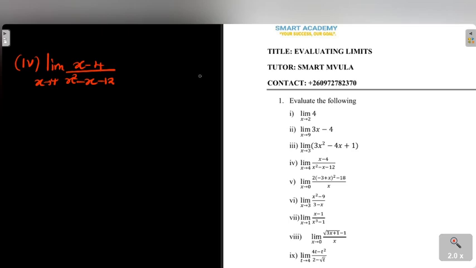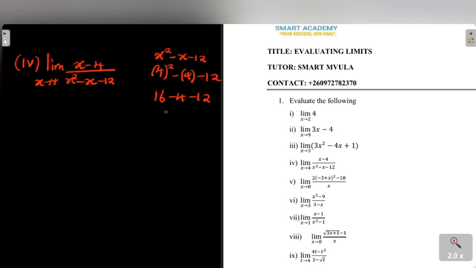Whenever you have a limit of a fraction, you will test with the denominator. So get the denominator, which is x squared minus x minus 12. Now where there is x, we're going to substitute with a 4, because x is approaching 4. So it will be 4 squared minus 4 minus 12. Then 4 squared, that's 16, minus 4 minus 12 there.